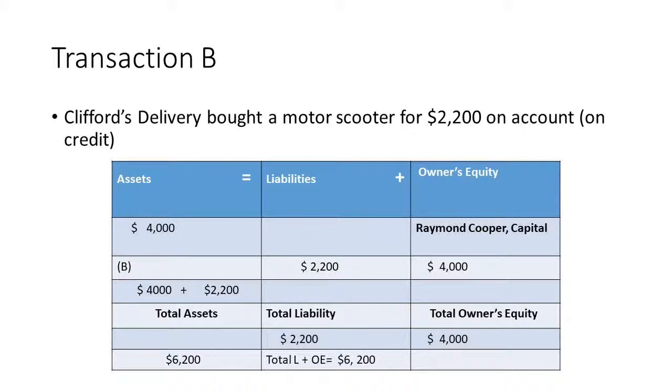So 2,200 plus 4,000 equals 6,200. Do they balance? Yes. So there you see we did two equations, and those two equations still balance.